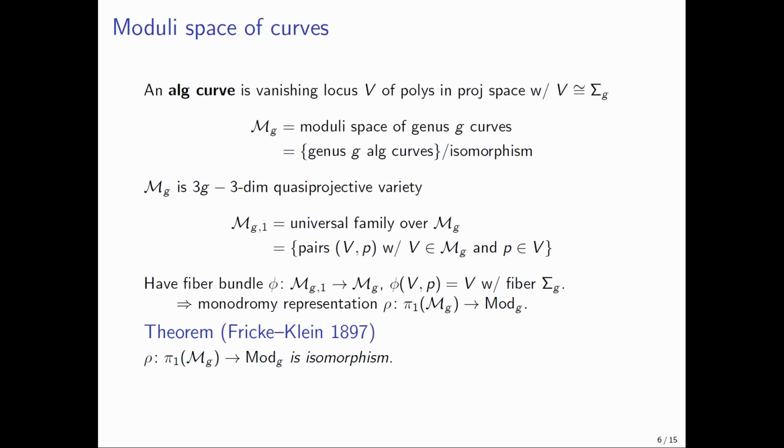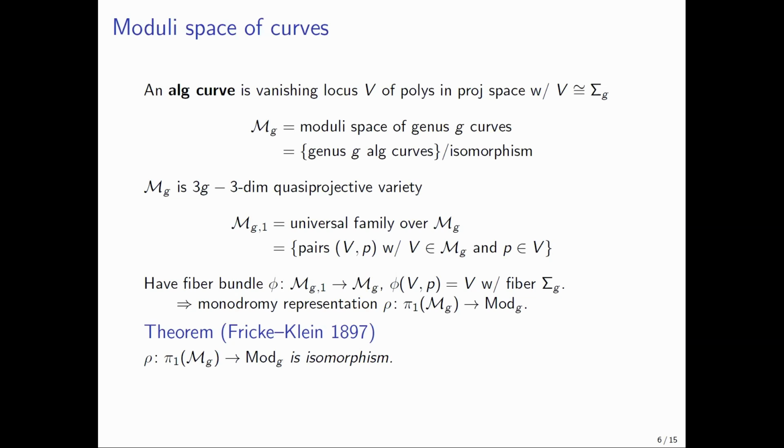But in the two categorical land of stacks, that problem is solved. I'm not going to tell you what a stack is, it's not so important. But one thing that it records is, you have a space of points and each point might have some sort of finite symmetry group. So you have to reinterpret: when I say quasi-projective variety, I really mean quasi-projective stack.